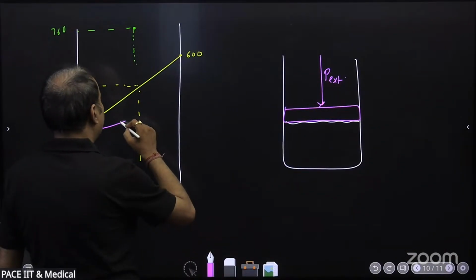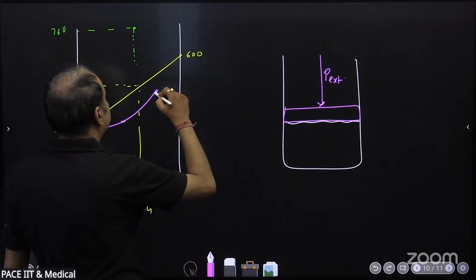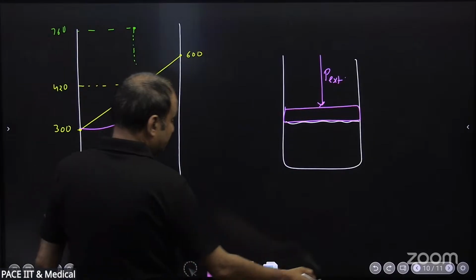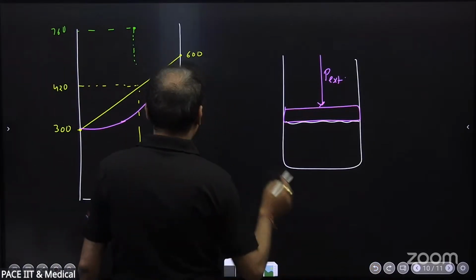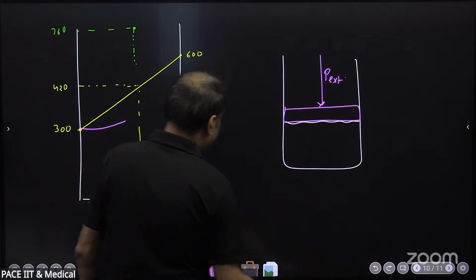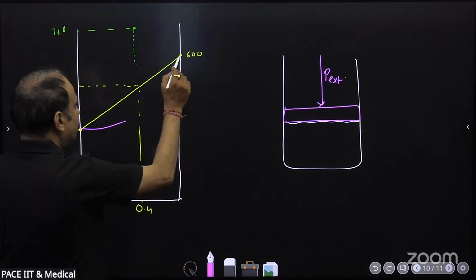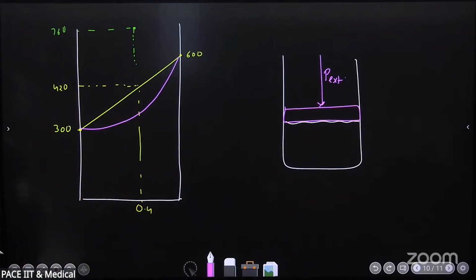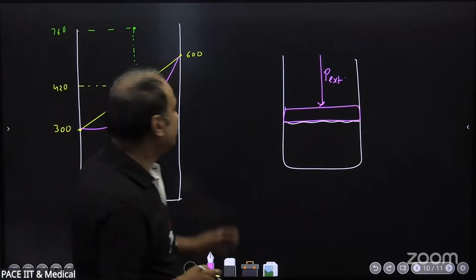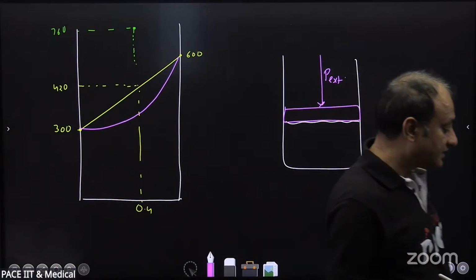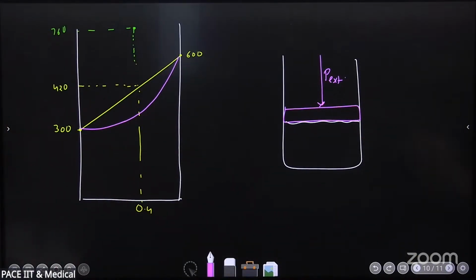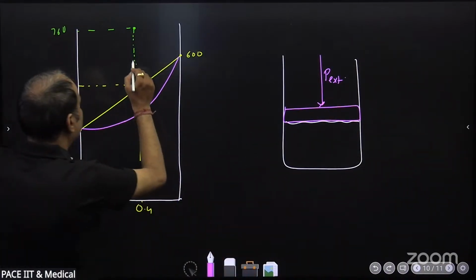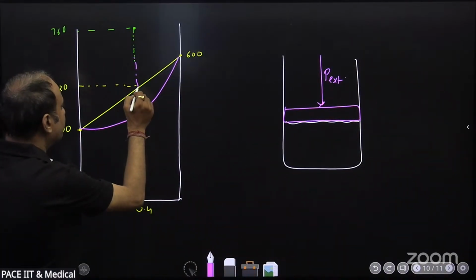First bubble of vapor means vapor and liquid are in equilibrium. And when will vapor and liquid be in equilibrium? When liquid can exert its pressure. And how much is the pressure exerted by liquid? 420.